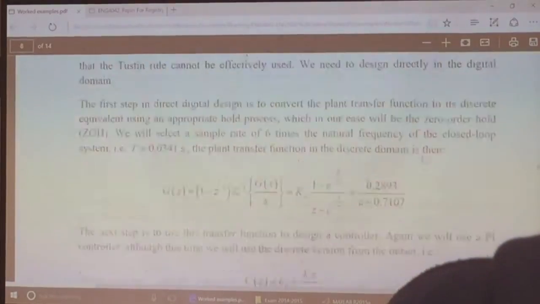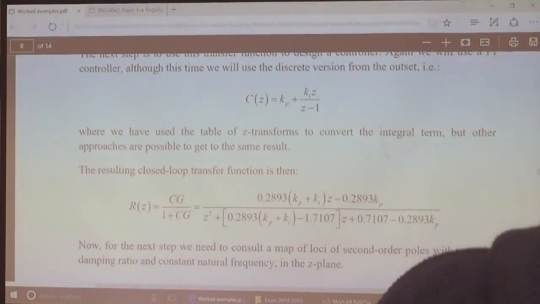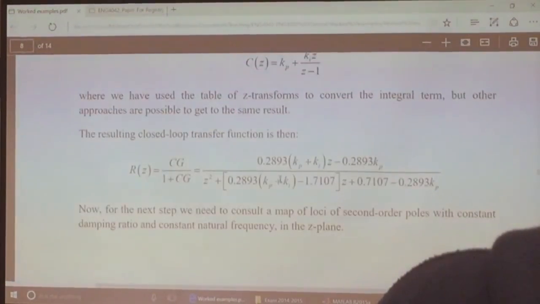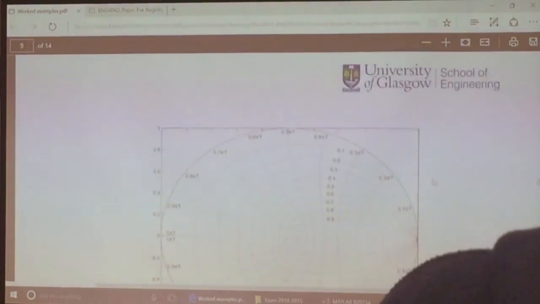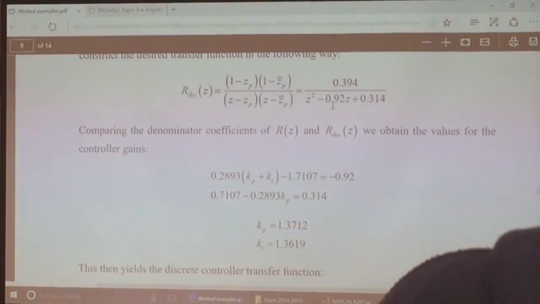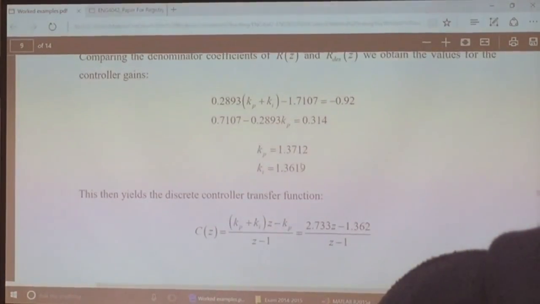And if you do so, you end up with a closed loop transfer function that looks like this one. These are the poles. I change the value, and you get again the constants for your proportional and integration coefficients.